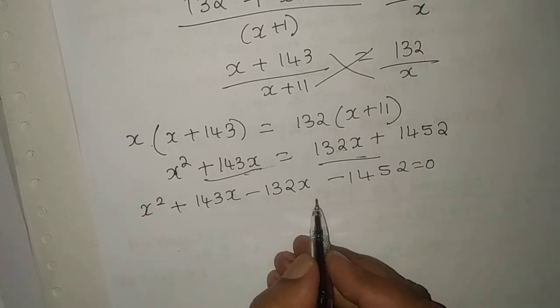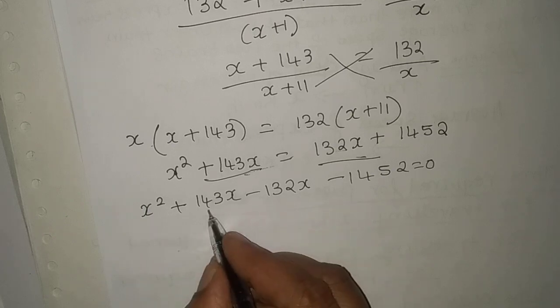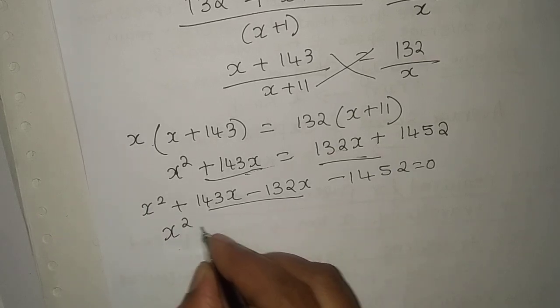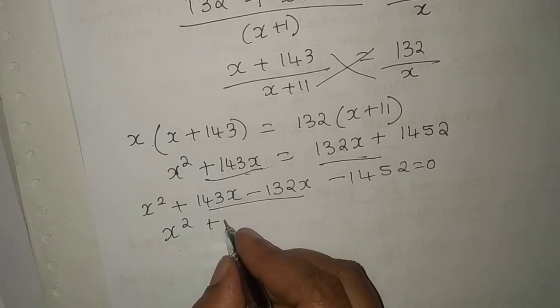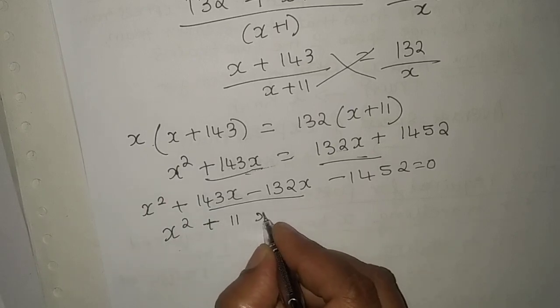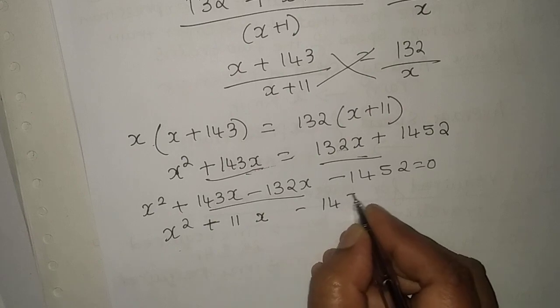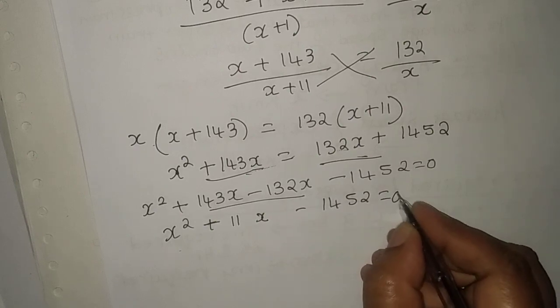Therefore x square plus 11x minus 1452 equals 0.